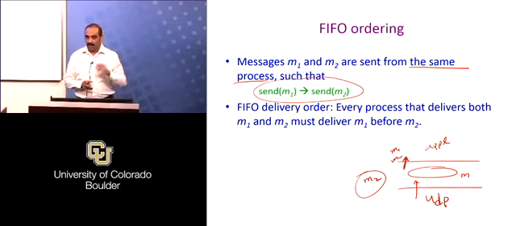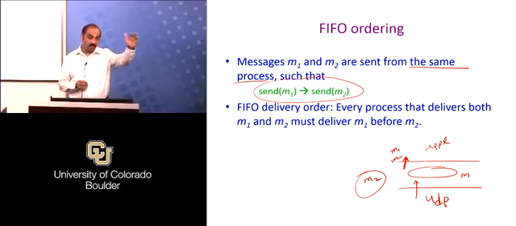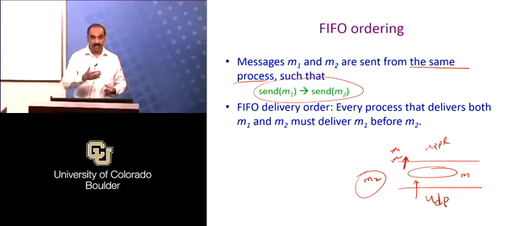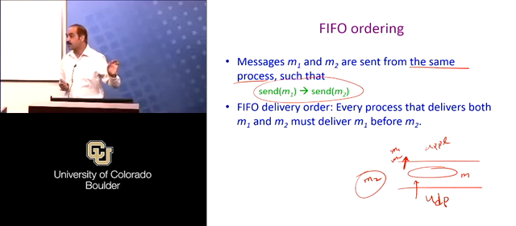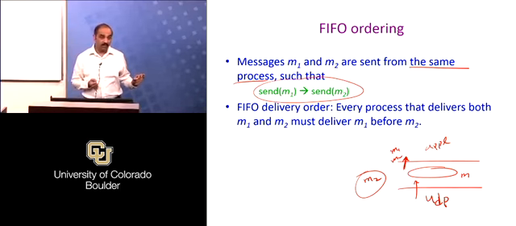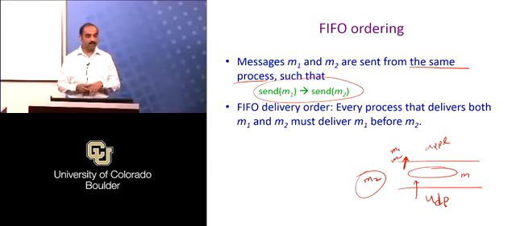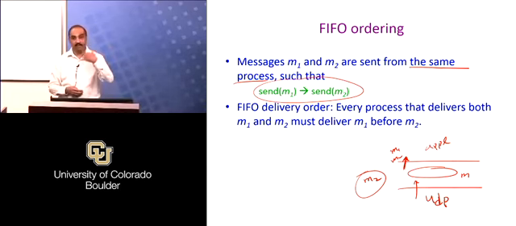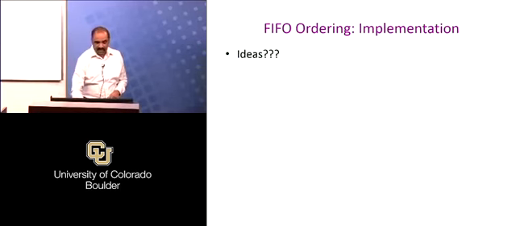I'll keep a record of the last message I delivered to the application. If the last message I delivered had sequence number 2, then I know that this message can be delivered. But if the previous message that I delivered was sequence number 1, then I cannot deliver this. I will hold this message until I receive the message with sequence number 2, and I will deliver that first, and then deliver this message. So that's the idea.